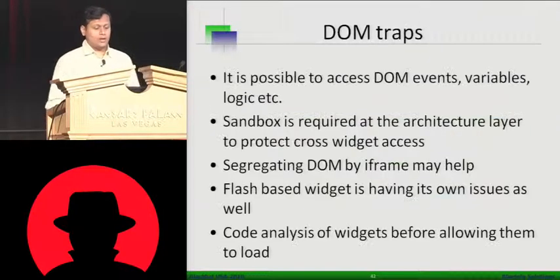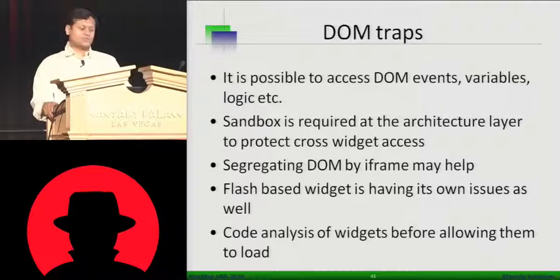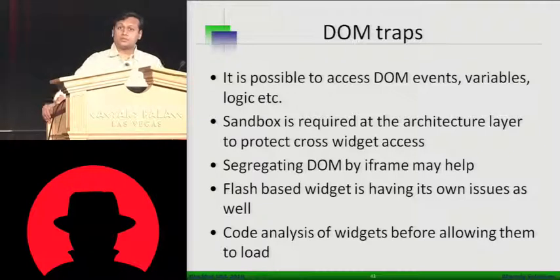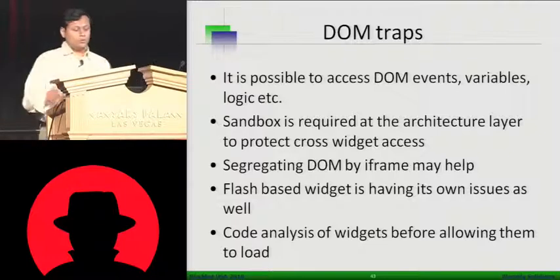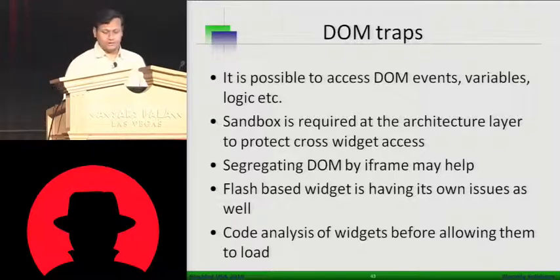So now what can happen is it is possible to access DOM events, variables, logic, etc. So if there is no architecture layer sandboxing done, no DOM segregation using iframe is done, or some types of Flash-based widgets would have access to the DOM. So this kind of vulnerability you can only find when you do a code analysis.